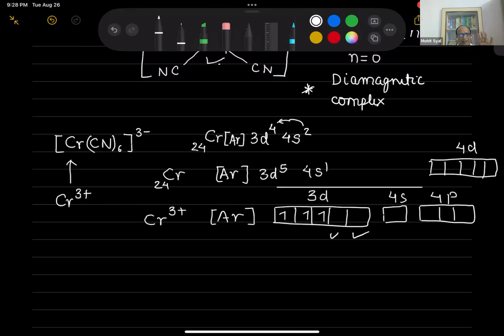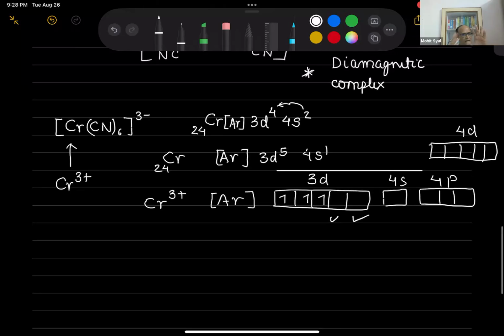Either it should be d2sp3 or sp3d2: either 2 inner d orbitals from 3d or both outer 4d orbitals for hybridization. And without pairing, you already have 2 empty d orbitals available for you. Is it clear or not? Getting my point?